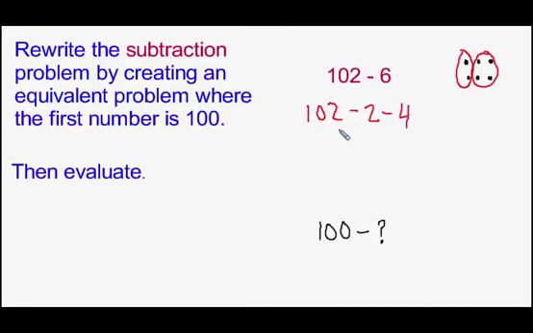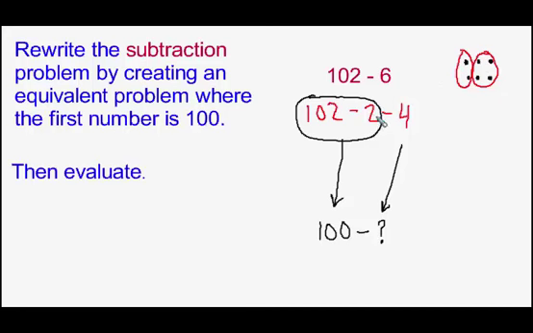So if you see what I have here, taking 102 and subtracting the first 2 of the 6 dots gives me 100. But since I've already subtracted 2, I only need to subtract 4 more, that would be my question mark, to make it so it's the equivalent of subtracting 6.